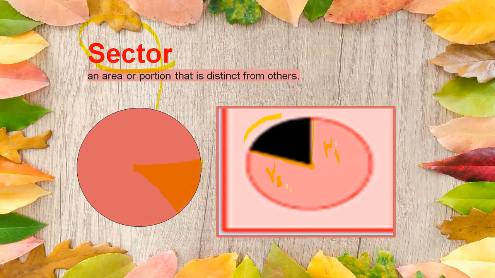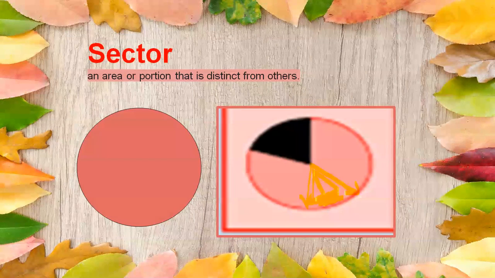So that is a sector. It's not necessary they always highlight this part, but remember, when two lines from the center come towards the circumference or the boundary wall of a circle, the whole area belongs to the sector. Okay, so you can identify that this area is known as the sector.